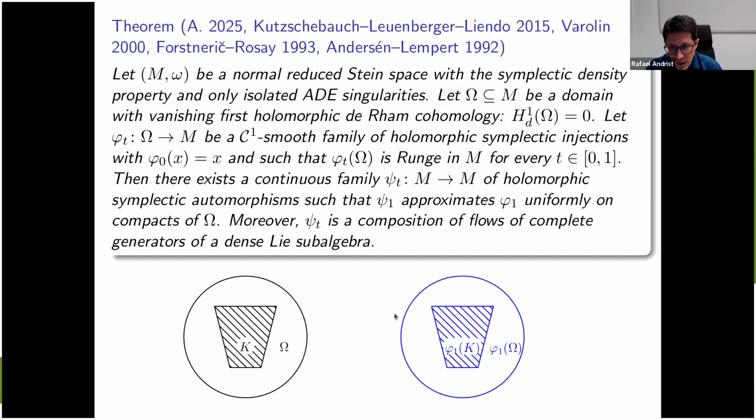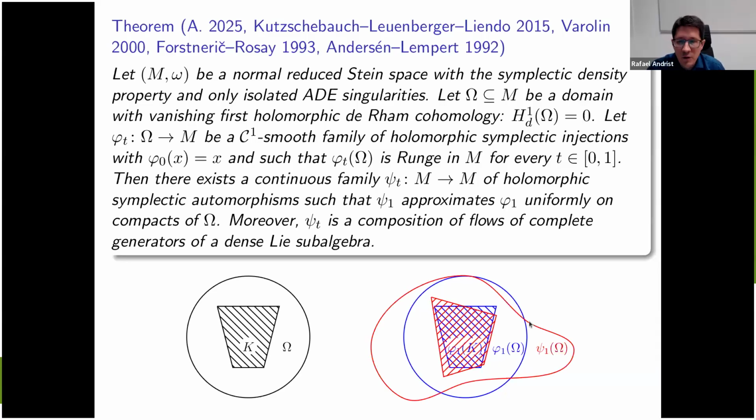And through the whole deformation process, we ask that it's always Runge. And then I want, on this compact here, to find an automorphism, globally defined, that basically does the same as this phi_1 on the compact, up to a deviation of epsilon. And this is what the theorem gives me.